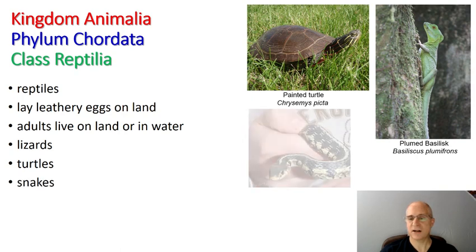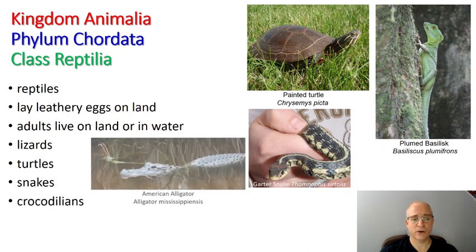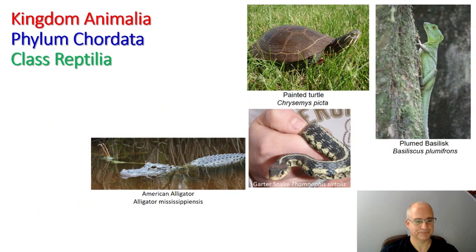The snakes are also reptiles, like the garter snake that you see here. And then finally the crocodilians, so alligators, crocodiles, gharials. So many of them spend much of their lives in the water, but they come back to lay their eggs on land. These are cold-blooded, so they are not able to regulate their temperature.